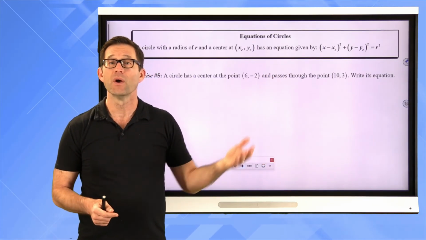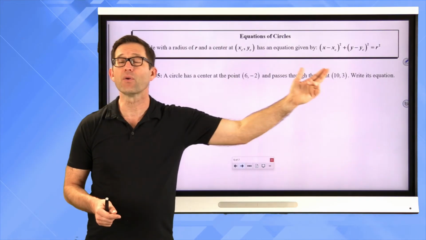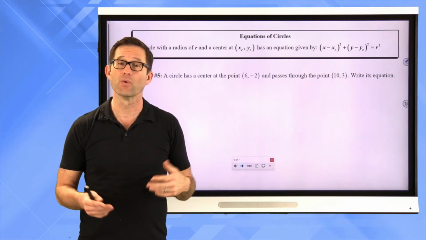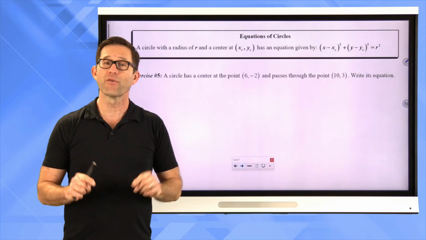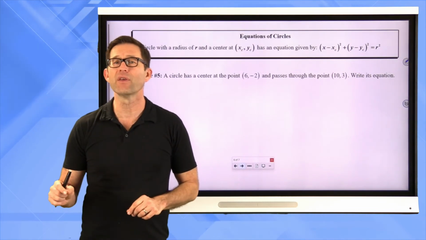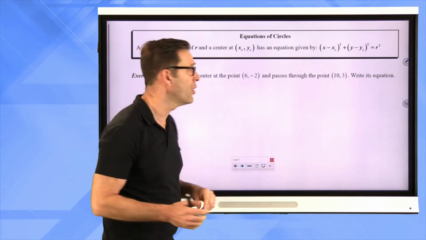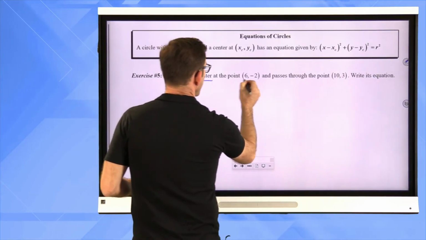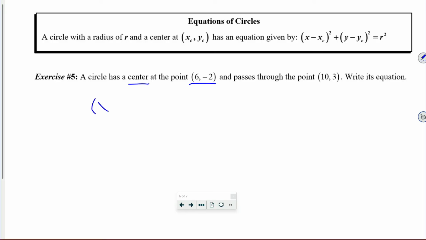But sometimes we're given the center and we're given one other point that it passes through and we want its equation. So the first thing I do is I say write down anything you can write down. And given that we know what the center is, I can write the following down. X minus 6 quantity squared plus y minus -2 quantity squared is equal to r squared.